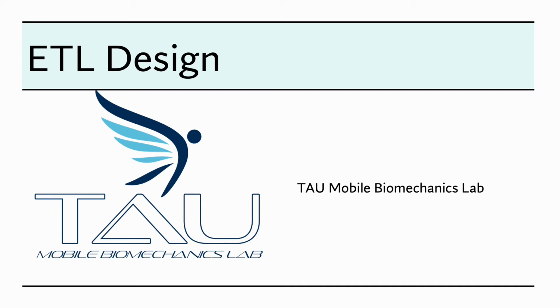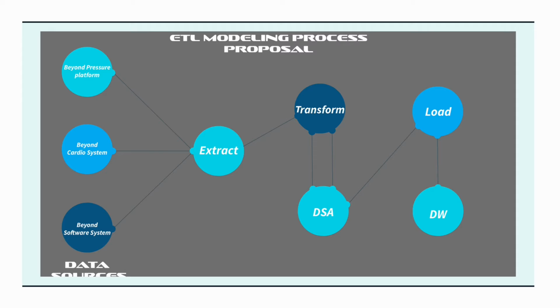And that way the doctors or the person who makes the assessments for each individual for Tao will be able to read and see all the reports from these platforms. So as I mentioned before, here is the visualization for this process, and that's pretty much how I am planning to structure Tao's ETL modeling process proposal.